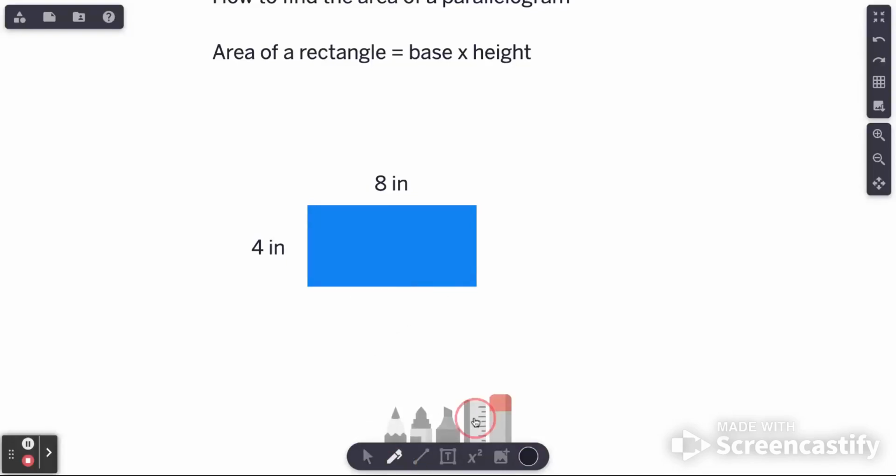I can also, if I were to use tiles or have this on a grid, look at how many squares or square tiles it would cover.